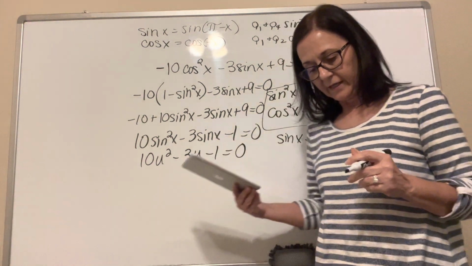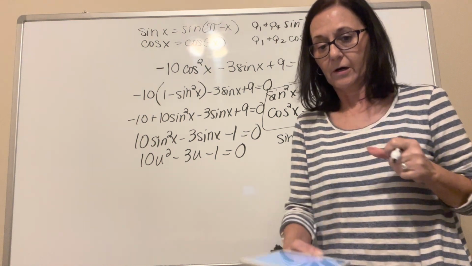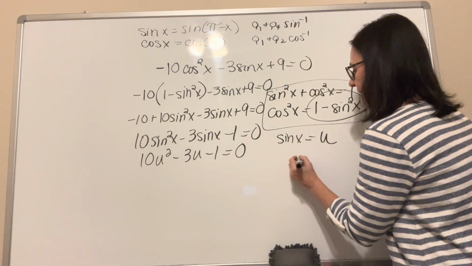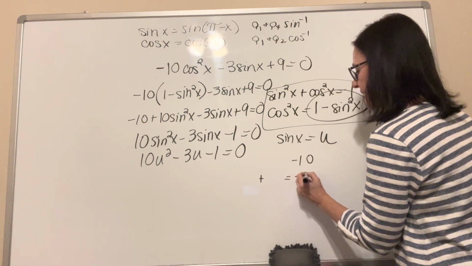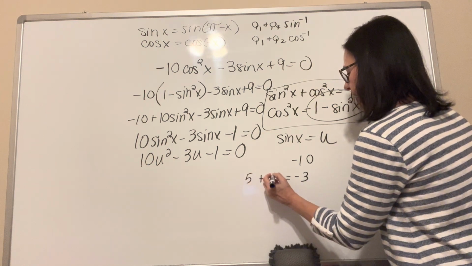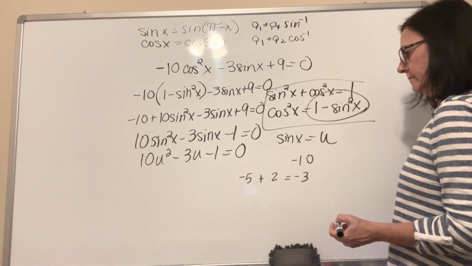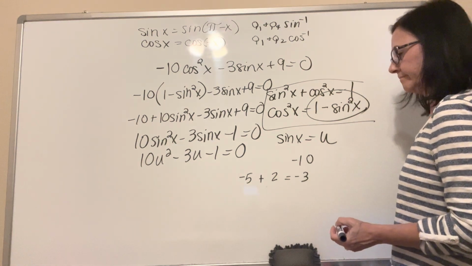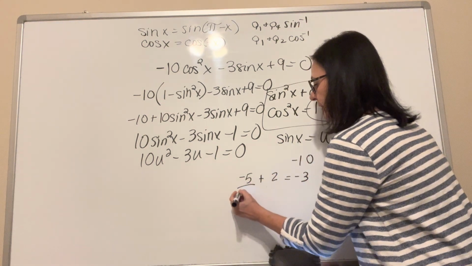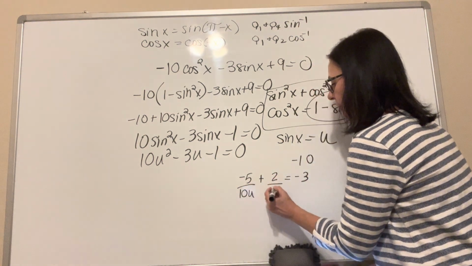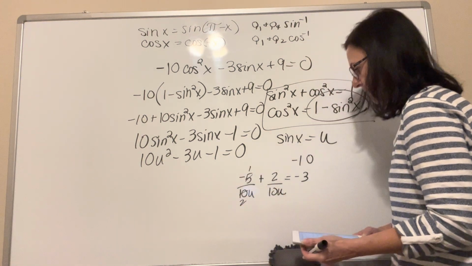Are there factors of negative 10 such that we add them and they're negative 3? Yes, there are. It's 5 and 2, and the 5 has got to be negative. Then we put that over 10u over 10u. We simplify, that becomes 1, that becomes 2.